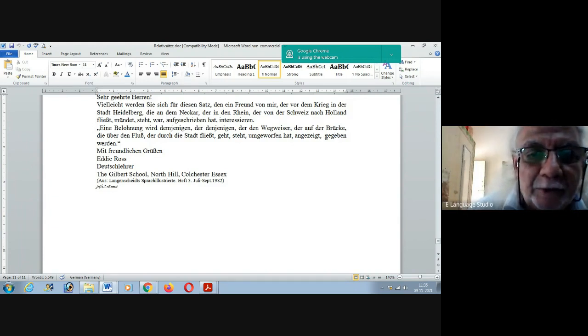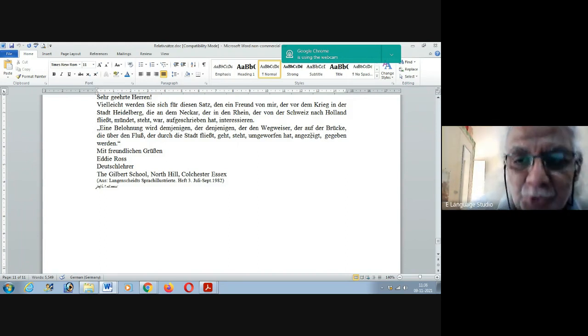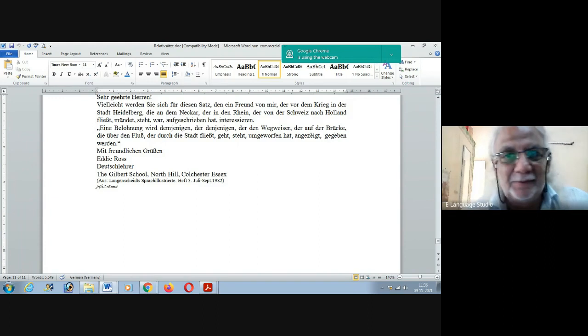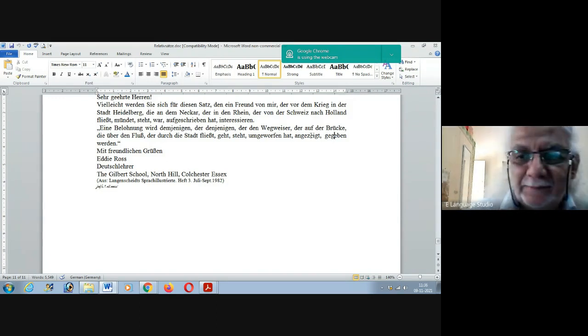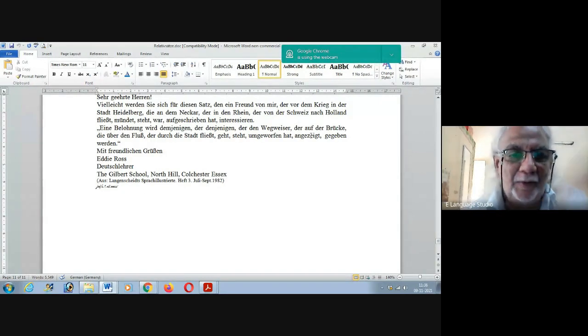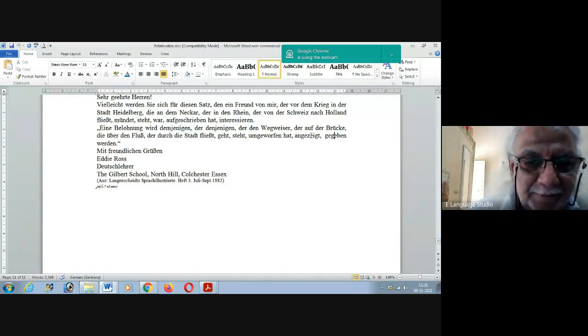A reward will be given to those who show to someone who has brought down the signpost, which stood on the bridge, which goes over the river that flows through the city.